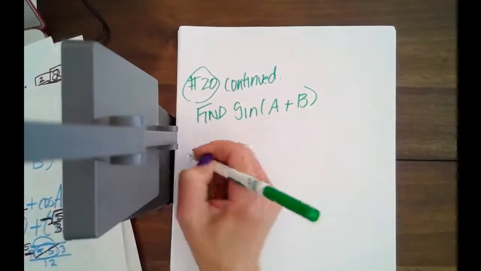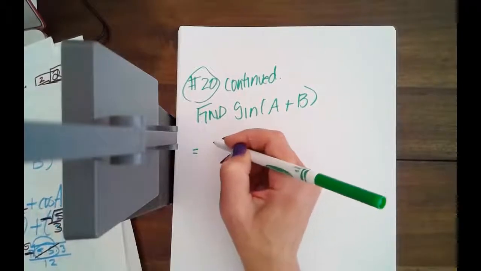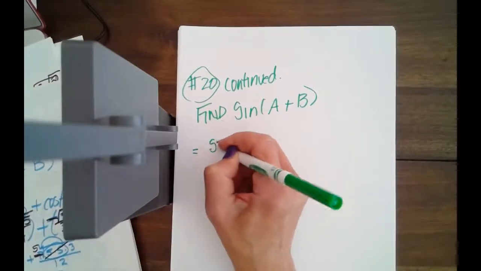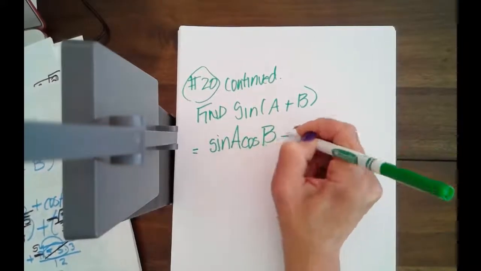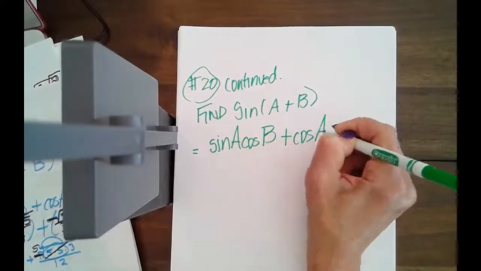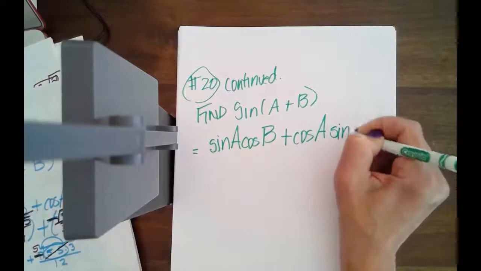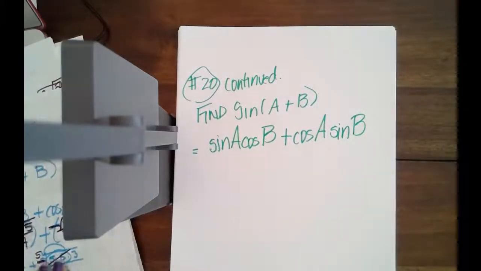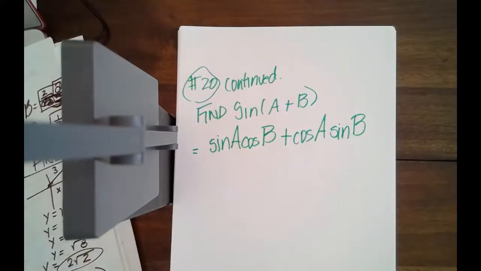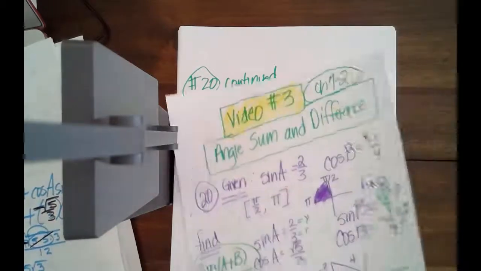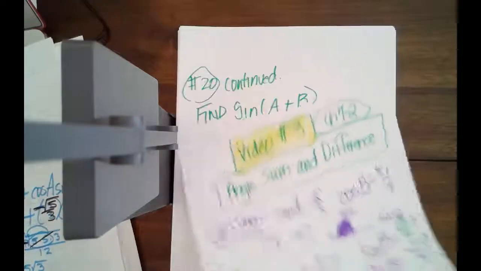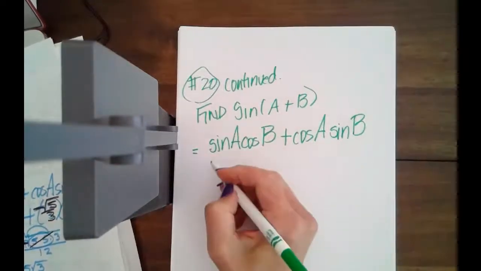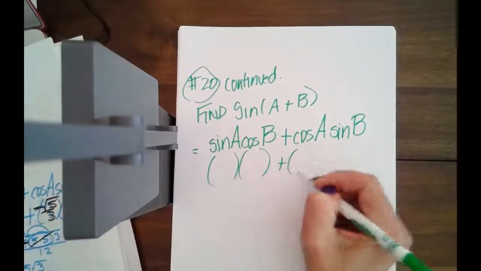Okay, well the formula reads sine of alpha times the cosine of beta plus cosine of alpha times sine of beta. And we have all of that, right? We have all of that listed at the top of our sheet up here. Okay, we have everything we need, these 4 ingredients right here. So I'm just going to input those values where they belong. And I like to just make little parentheses houses.